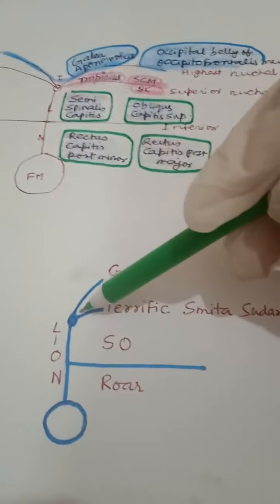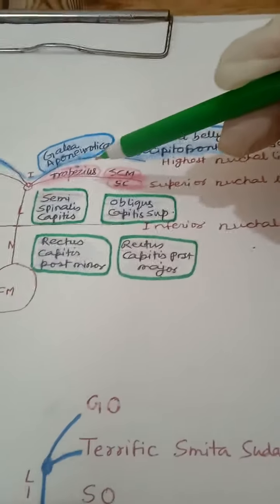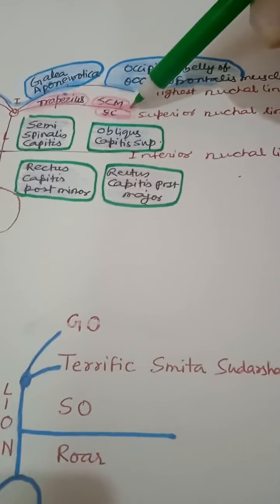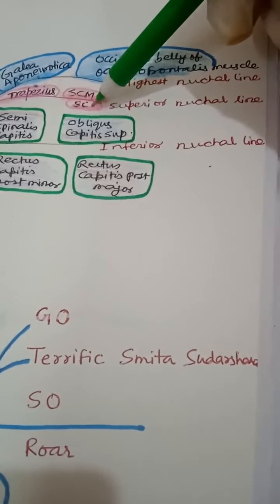And on the superior nuchal line, terrific Smita Sudarshana: that is trapezius, sternocleidomastoid, and just below that, splenius capitis.